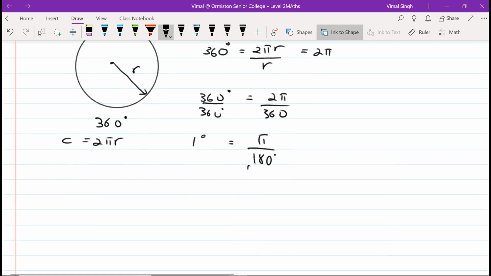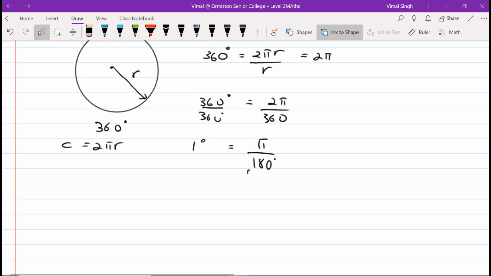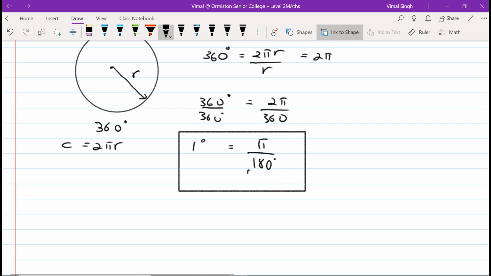So what you will notice is that this formula is used to convert degrees to radians. So 1 degree is equal to pi divided by 180.